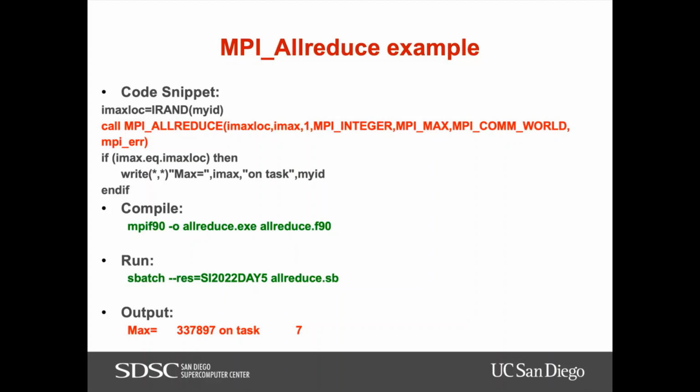The next one is an all reduce. Remember in the previous reduce call, there was a root process that the result went to. But sometimes you want the result to be sent to all the processes. A good example is a lot of fluids codes will calculate the time step based on the current solution field, because the stability of the numerical method might depend on the time step based on the solution at a given time.